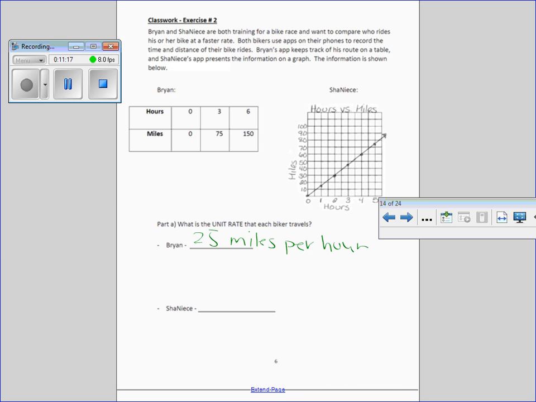What about Shanice? You got to use the coordinate plane. You can't really tell by looking at the 1, but you got to do something with 2. Kelly. Right, how'd you do it?